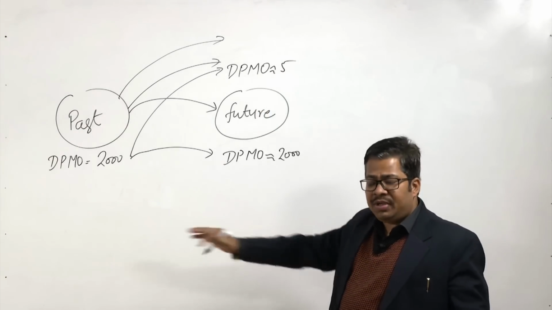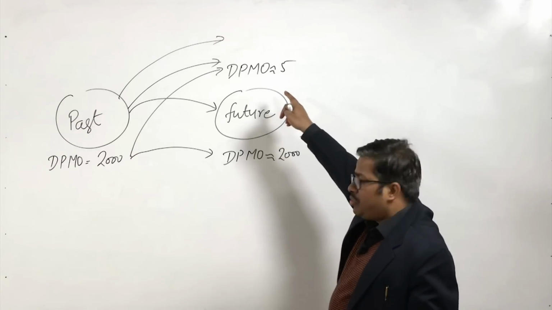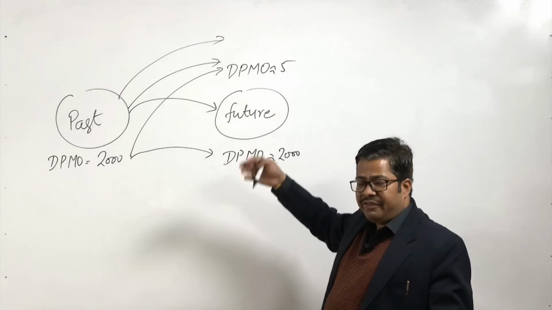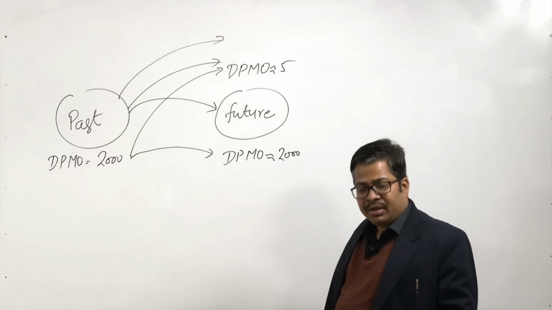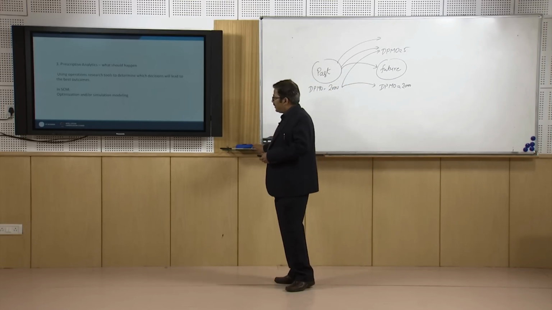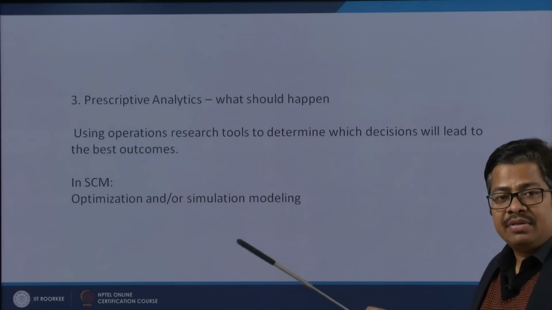You are having so many defects in your million opportunity. Why don't you go to the 6 sigma level, that is the optimized level of defects a million opportunity. So, the use of prescriptive analytics will help us to get the best outcomes.